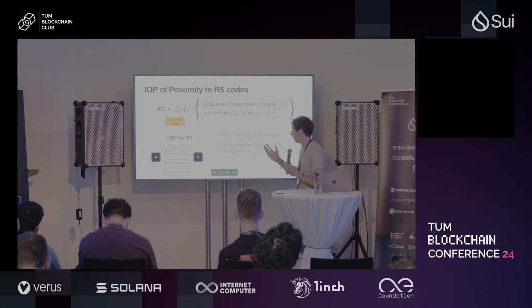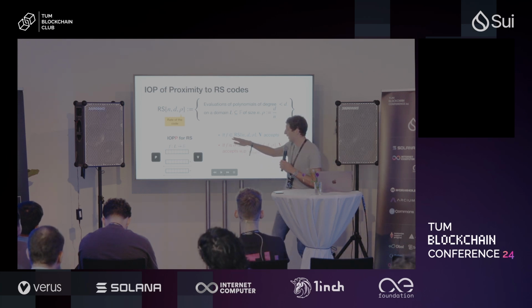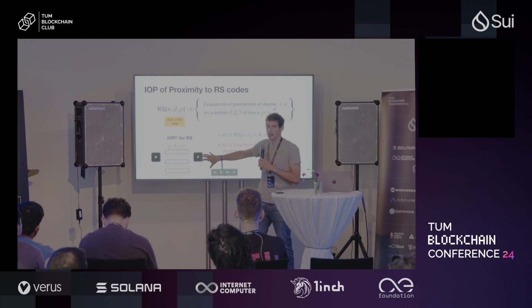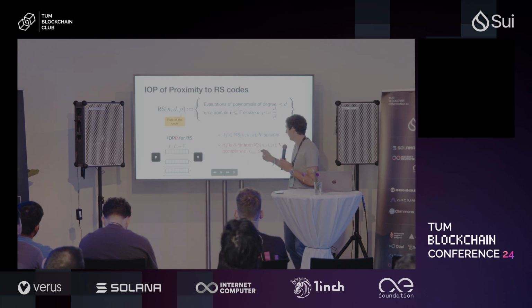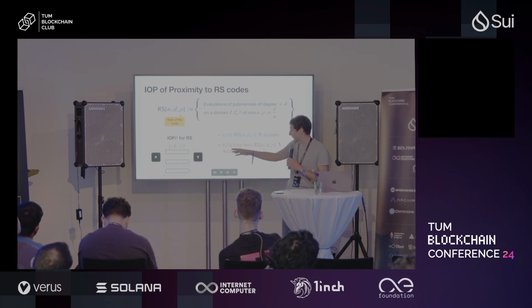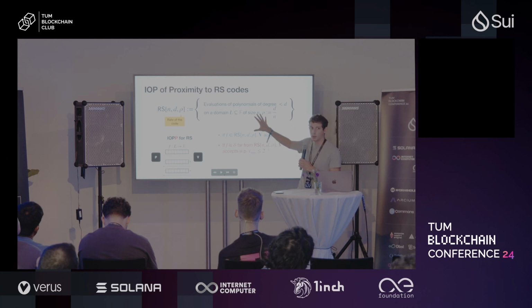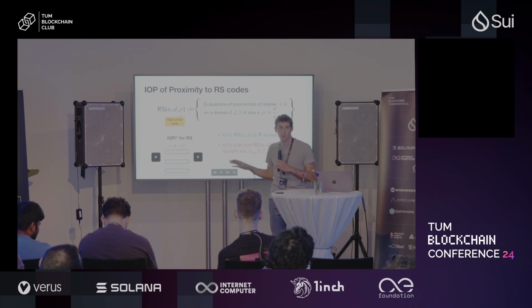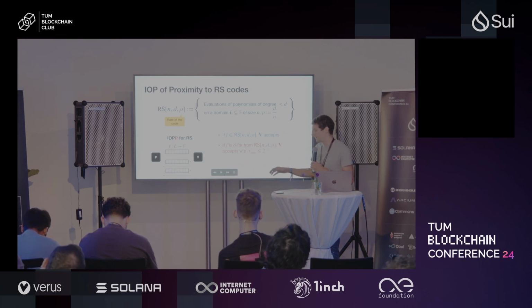The property you want is that if what the prover has sent is indeed a Reed-Solomon codeword, the verifier will accept. But if the function is far from the Reed-Solomon codeword, where the notion of distance we're considering here is Hamming distance, then the verifier will accept with small probability, say 2 to the minus lambda.